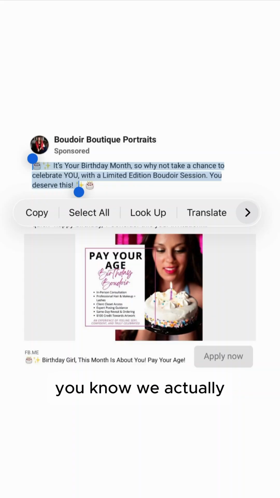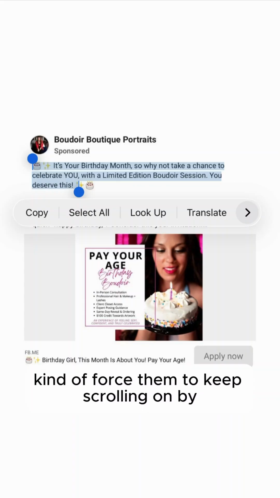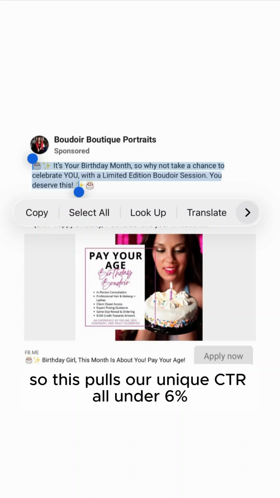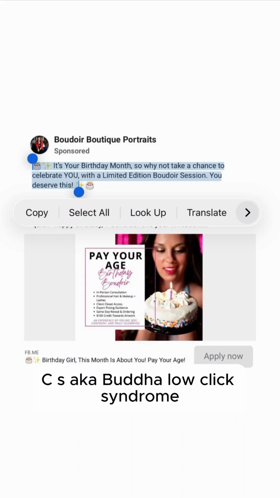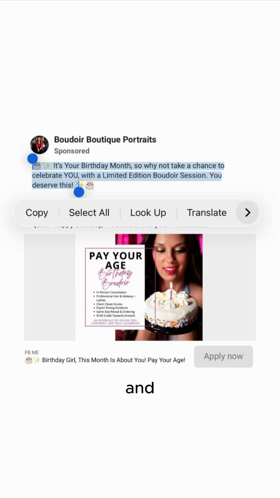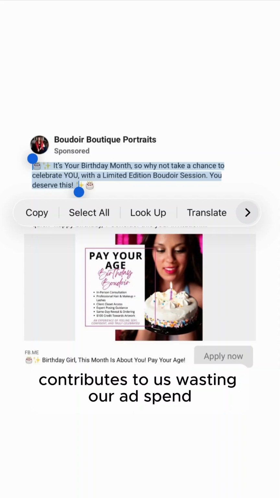The way we set it up kind of forces them to keep scrolling on by. So this pulls our unique CTR under 6%, contributes to BLCS, aka boudoir low click syndrome, and contributes to us wasting our ad spend.